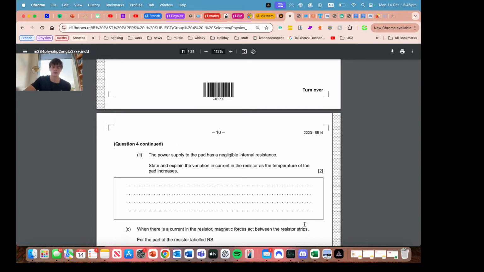So the first question, I'm just going to leave it up here and do it, is asking us to state and explain the magnitude of the resultant gravitational field strength at O. So the gradient of the graph is 0, which pretty much means that point O is going to be about 80 now.